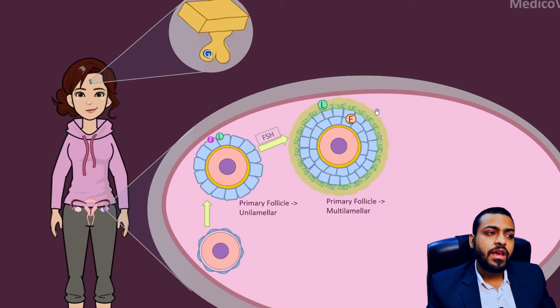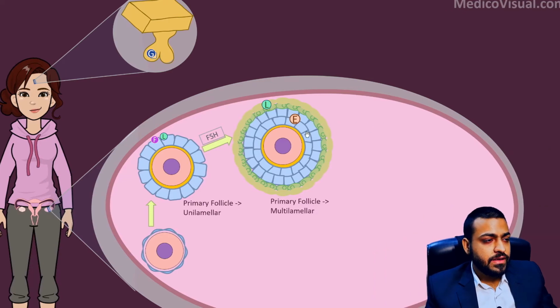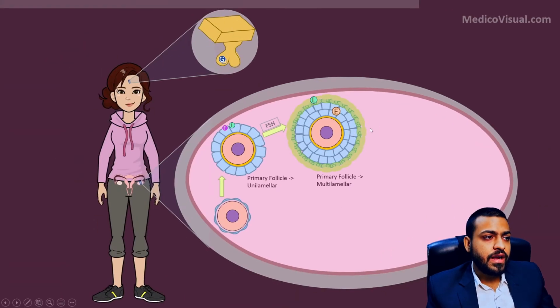So estrogen has many important functions in females: development of primary and secondary sexual characteristics, development of breast, development of that particular hip shape in females, right? Along with that, estrogen here inside is also having a special function.